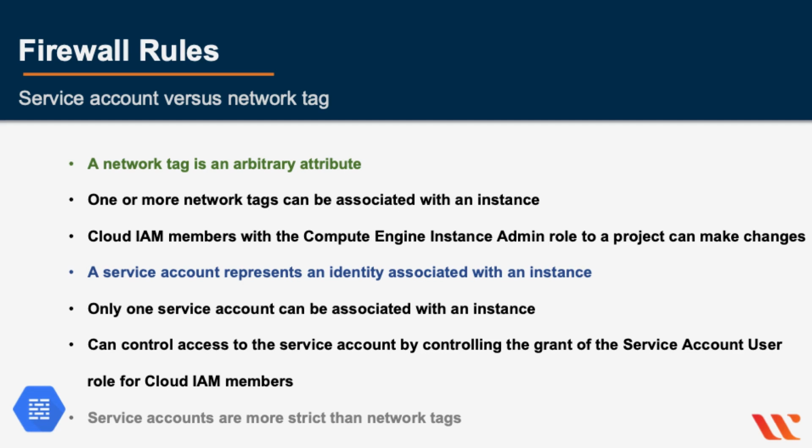So this provides a much stricter access control because the service account user role has to be granted to other Cloud IAM members in order to impersonate the service account. Whereas for a network tag, it can be any Cloud IAM member who has access to that virtual machine who is able to make these changes.